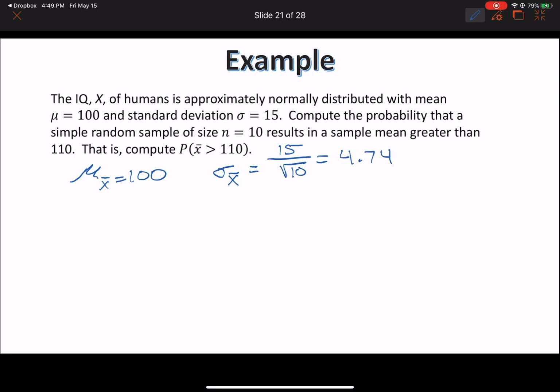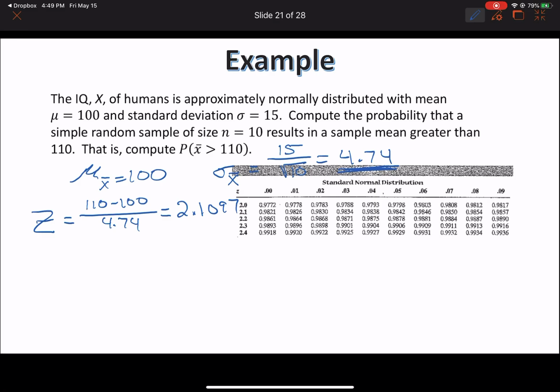This is the standard deviation that I will be using for my calculations. So if I want to calculate my z-score, I have z equals 110 minus 100 over 4.74. So I get a z-score of about 2.1097.